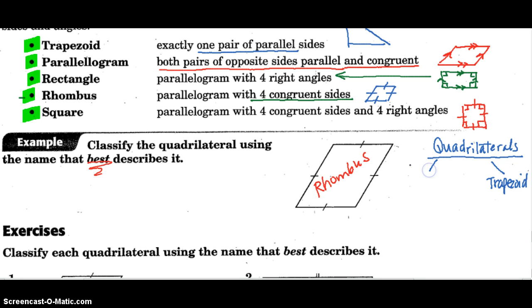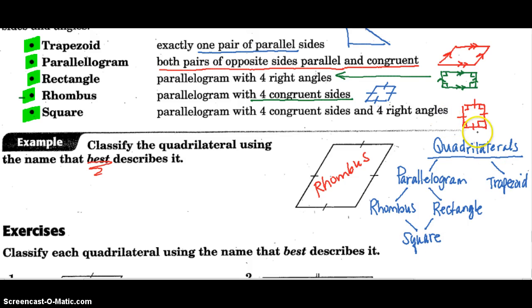Then over to the left, there's this bigger category called a parallelogram. Within parallelograms, you might have a rhombus where all sides are equal, or you might have a rectangle where all angles are equal. Or you might have a funny little combination of the two where all sides are equal and all angles are equal, called a square.